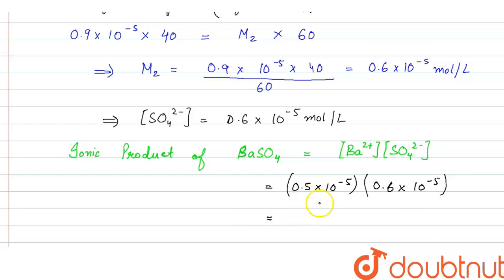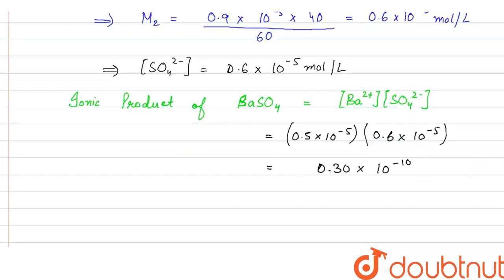So it will come out to be 0.30 into 10 raised to the power minus 10. So this is the ionic product for barium sulfate. Now in the question, solubility product is given 1 into 10 raised to the power minus 10. So here ionic product is less than solubility product.